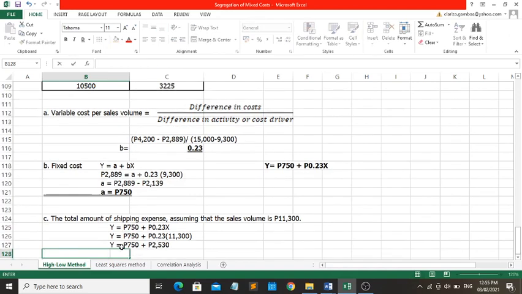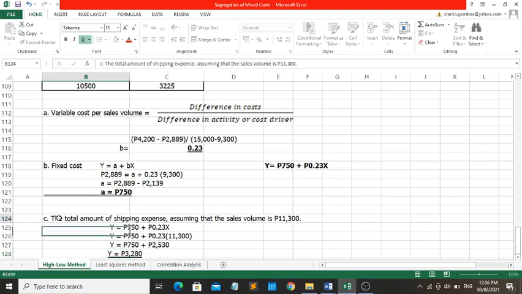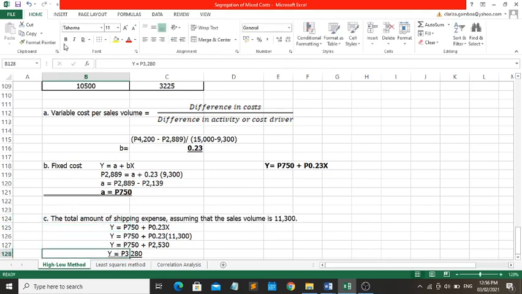And our total shipping expense if the sales volume is 11,300 equals, how much po? We have 3,280. Ito ang ating sagot. Our total shipping expense for 11,300 na sales volume ay 3,280. Sana nakasunod kayo sa high-low method.